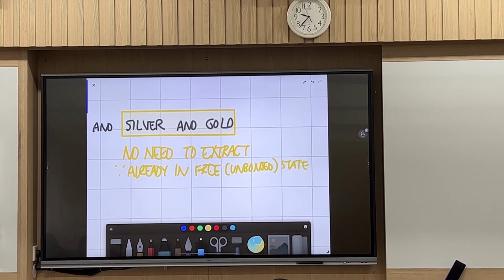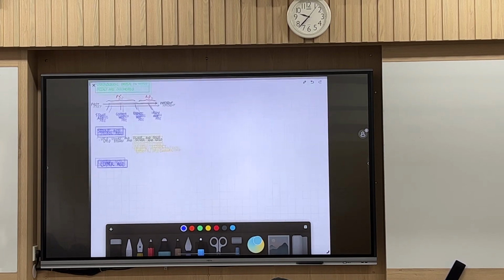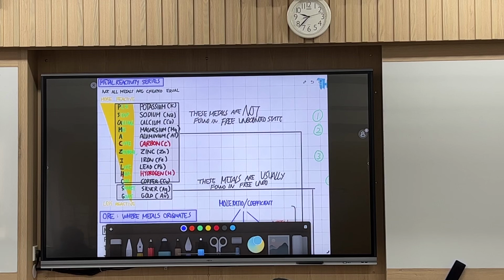Then we have the Copper Age. Do you remember if copper is a very reactive or very unreactive metal? It's pretty unreactive. You see, it's the third last metal, copper.